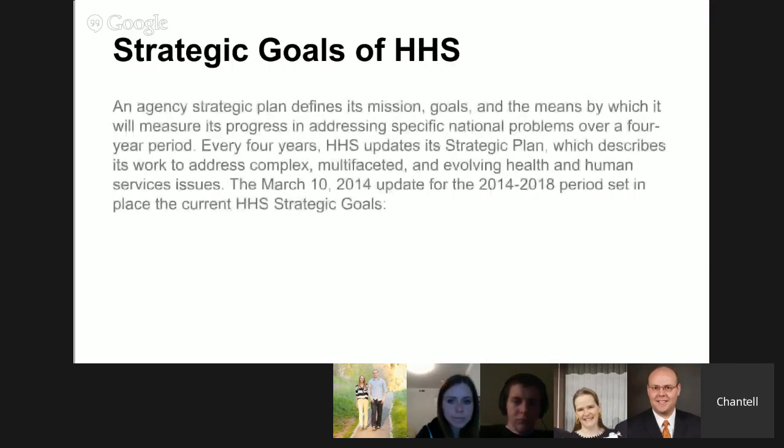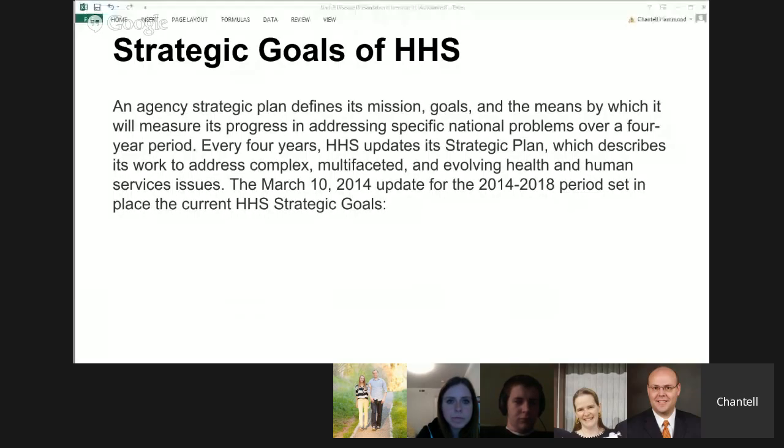And the strategic goals of the HHS are, basically they set these out to define a 4-year mission plan, to break it up a little bit more and to make sure that it's current. So their agency strategic plan defines its mission, goals, and the means by which it will measure its progress in addressing specific national problems over a 4-year period.